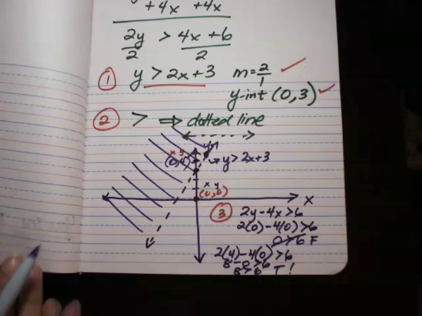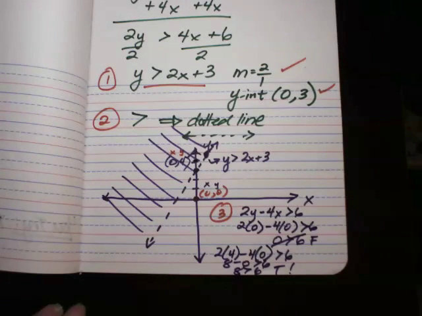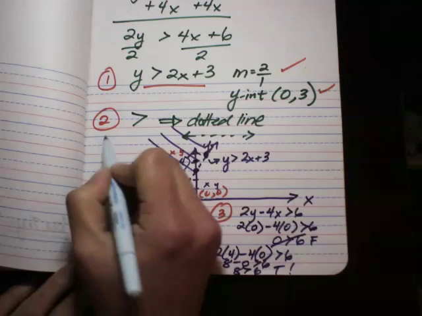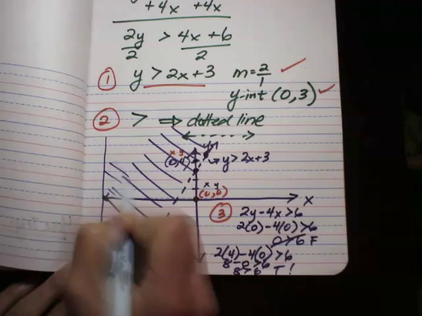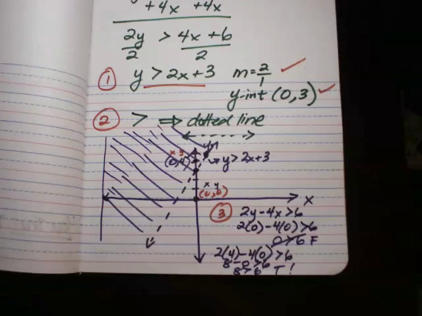Always test on both sides of the coordinate plane, both half planes, to make sure that you're shading in the right areas. And this here, with the shading, will complete your graph of the inequality.